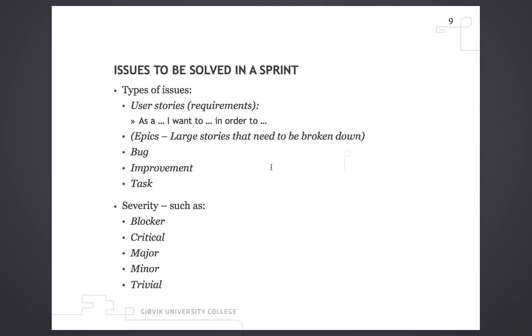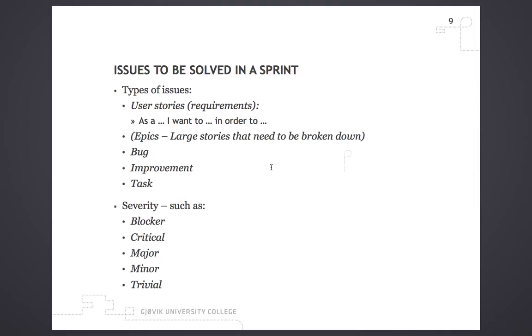One other way to define requirements is to have a list of functional requirements, what the system should do, and non-functional requirements, like how the system should perform, like round trip time and response time, and so on. So we have some targets there. But we are going to use user stories, and this is the view of the user.